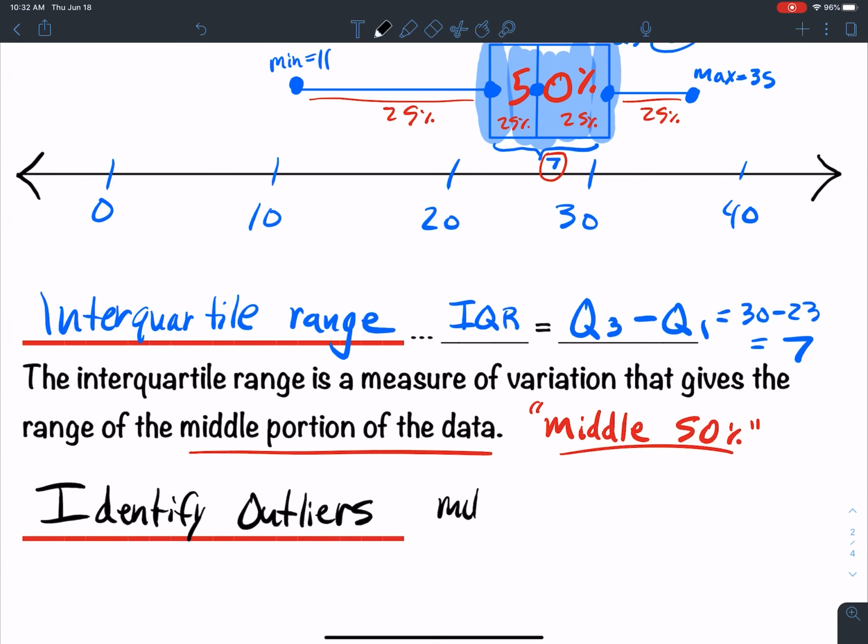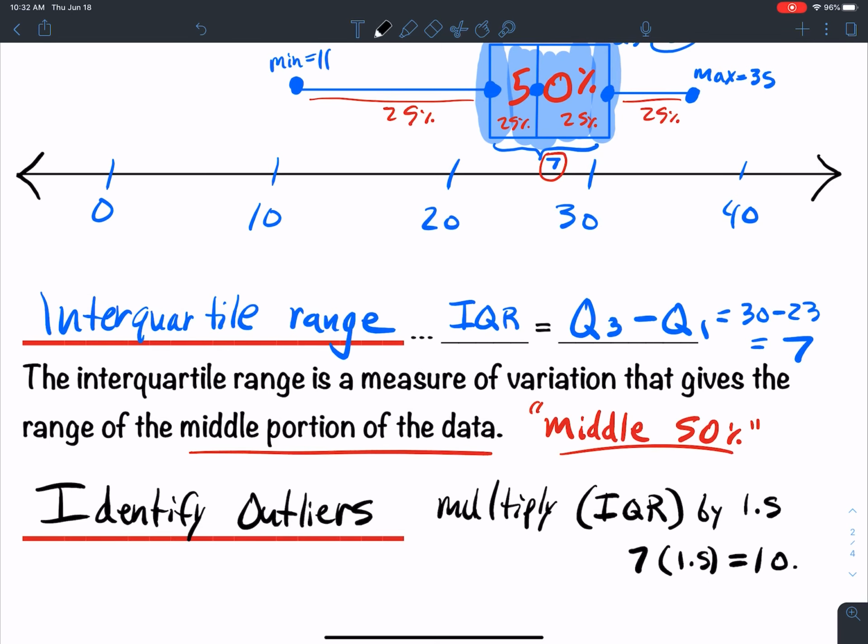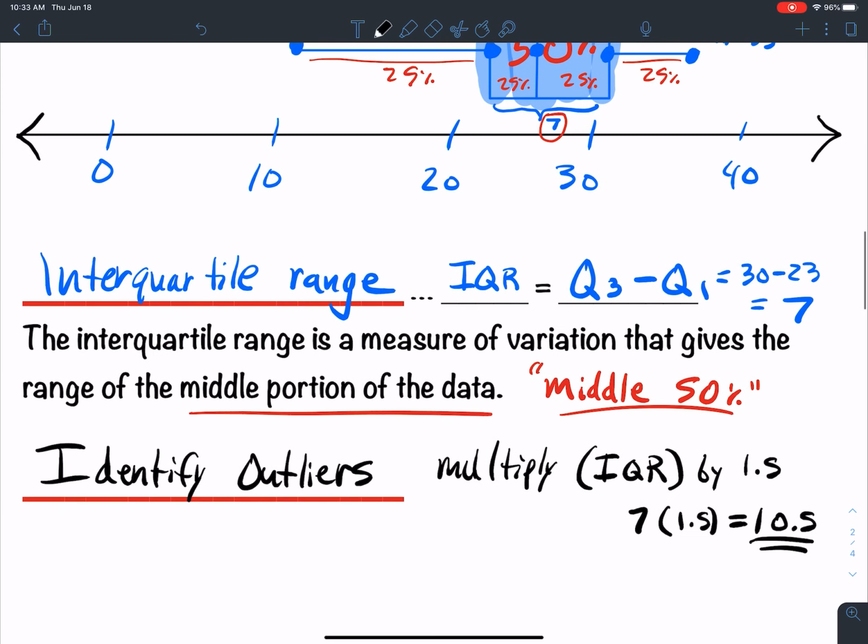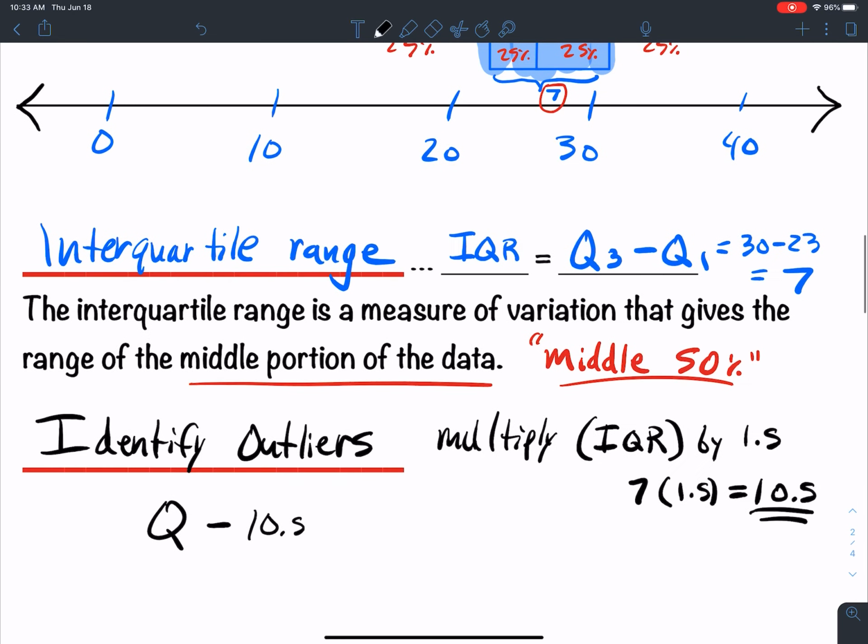We multiply the interquartile range by 1.5. The interquartile range was equal to 7 here, so 7 times 1.5, I get 10.5. Then I go from Q1 and subtract my interquartile range times 1.5, so that's 10.5. And then I add 10.5 onto Q3.